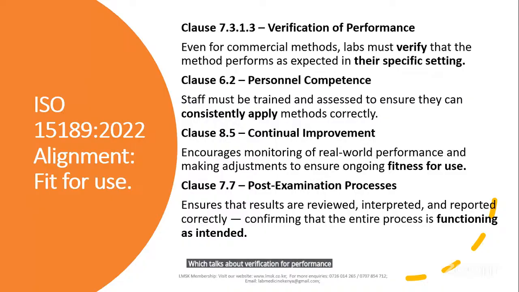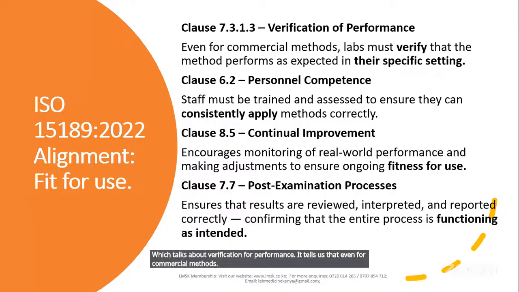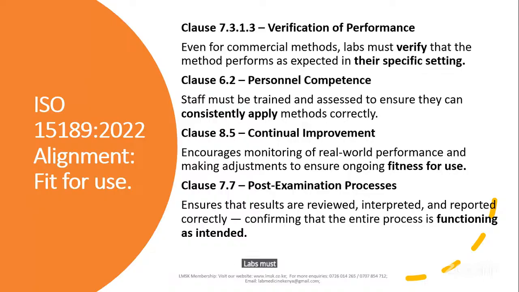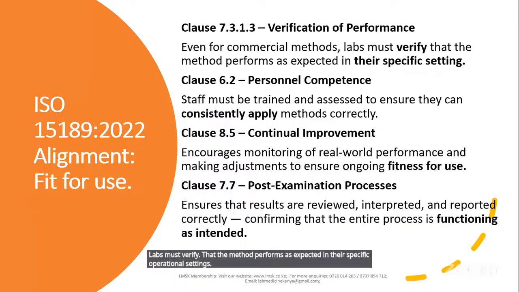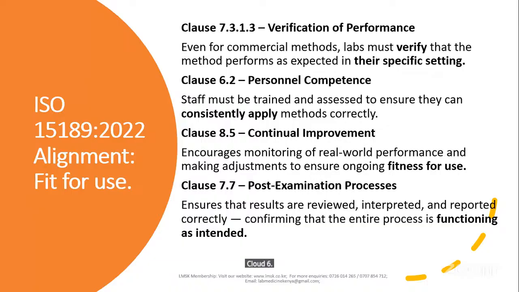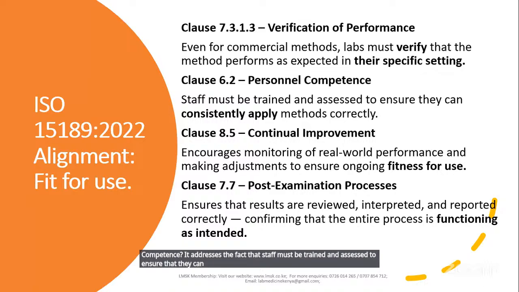It tells us that even for commercial methods, labs must verify that the method performs as expected in their specific operational settings. Clause 6.2, which talks about personnel competence, addresses the fact that staff must be trained and assessed to ensure that they can consistently apply the methods correctly.